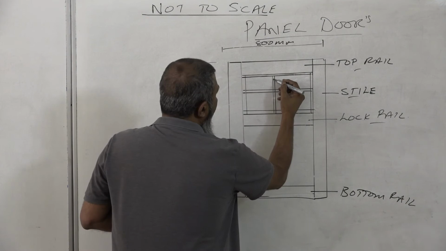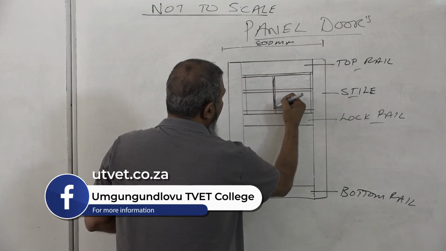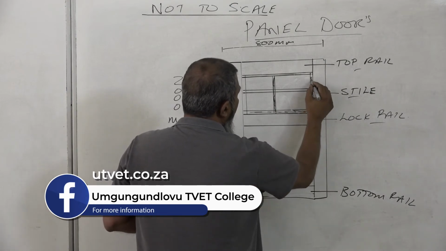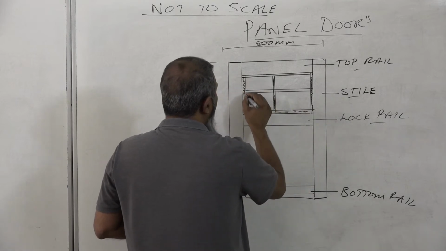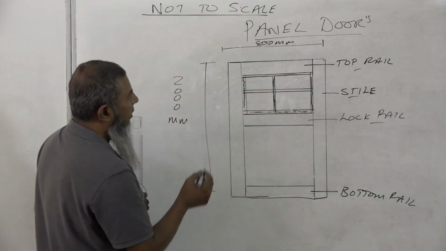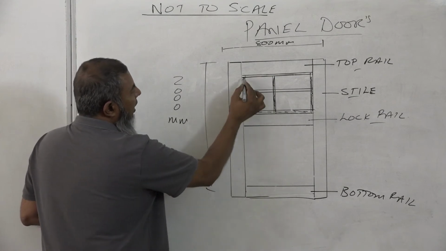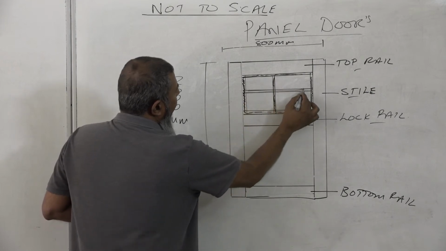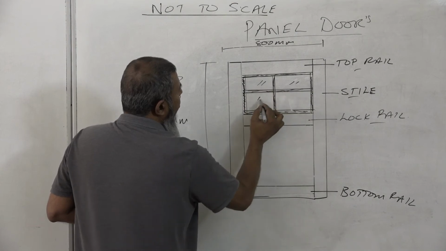So all this here will be glazing bars, which actually hold the glass panel in place. So remember to write at an angle. At an angle, okay. Glazing bars, which hold the glass panels in place. Okay. And this will be our glass panels.